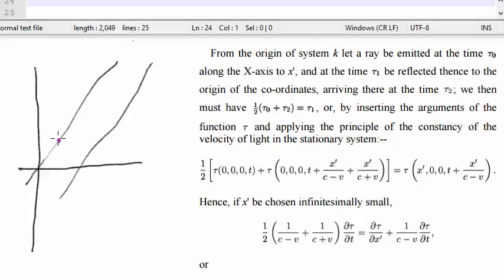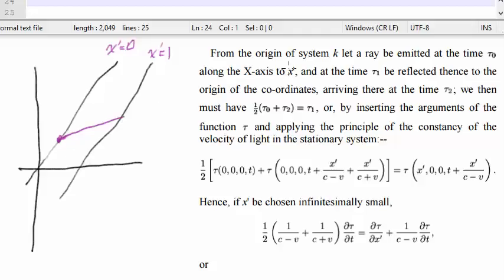So this whole thing we'll call x prime equals 0 for now. And let's call this over here x prime equals 1, because that's what they seem to be using down here. From the origin of system k, let a ray be emitted at the time tau sub naught. So this is tau sub naught, to be reflected along the x-axis to x prime.